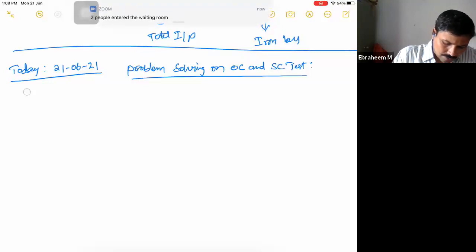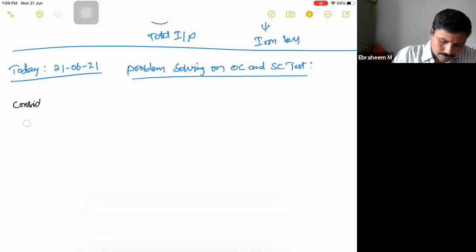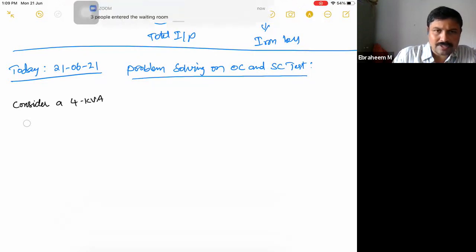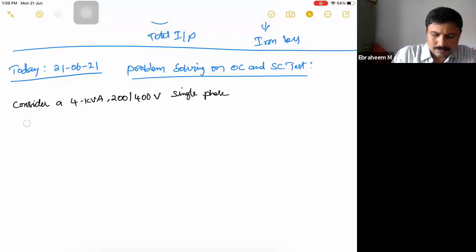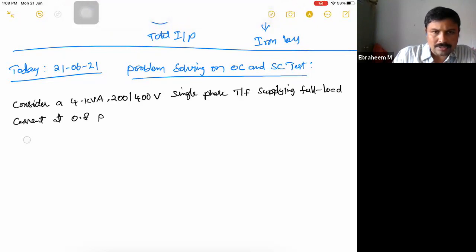Consider, note down the problem. A 4 kVA, 200 by 400 volts single phase transformer, supplying full load current at 0.8 lagging power factor.